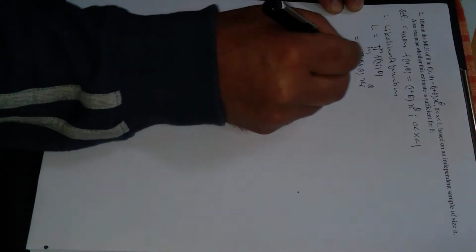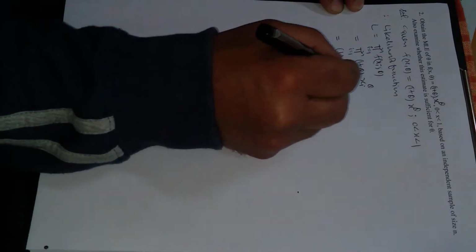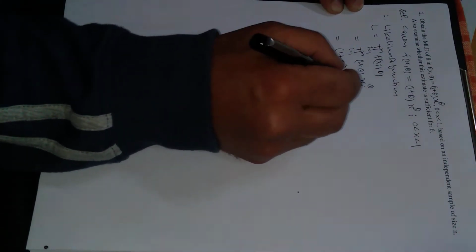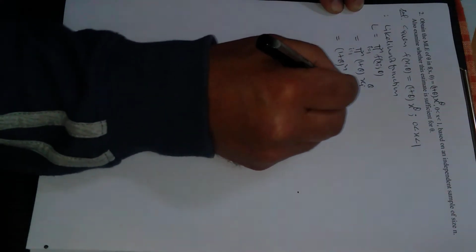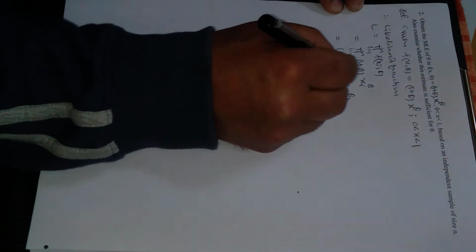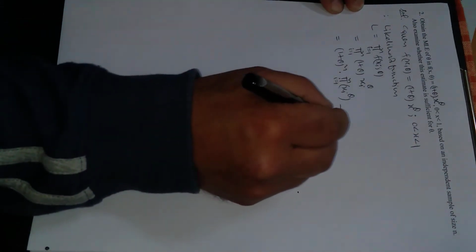Now open this product: 1 plus theta appears n times, and x1 raised to power theta, x2 raised to power theta, so this is the product of x i raised to power theta, with i varying from 1 to n. After opening this product we get this one. Let us call this equation number 1.